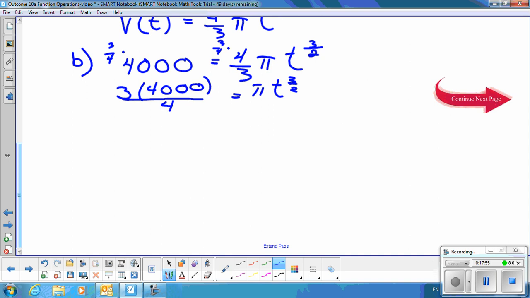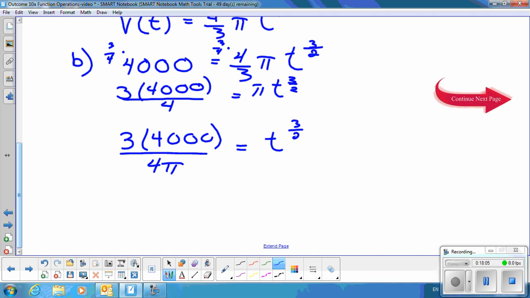I can divide both sides by pi. So that makes it 4 pi on the bottom on the left, and on the right I'm left with t to the power of 3/2. 4 goes into 4,000, leaving me 1,000. And so I have 3,000 over pi equals t to the power of 3/2.